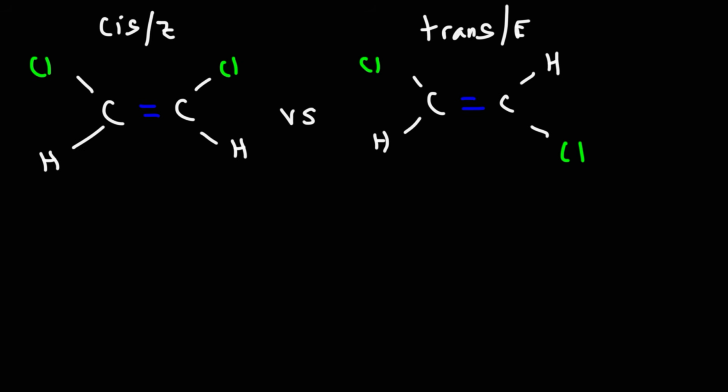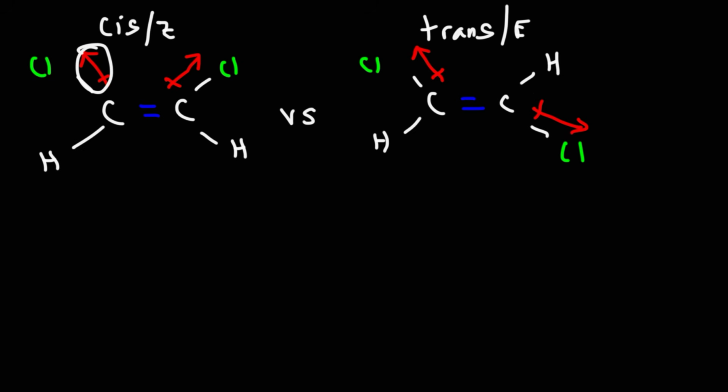If we were to draw the dipole moment, chlorine is more electronegative than carbon, so it's going to point towards chlorine. Now notice that these two dipole moments cancel each other out because they're in opposite directions.